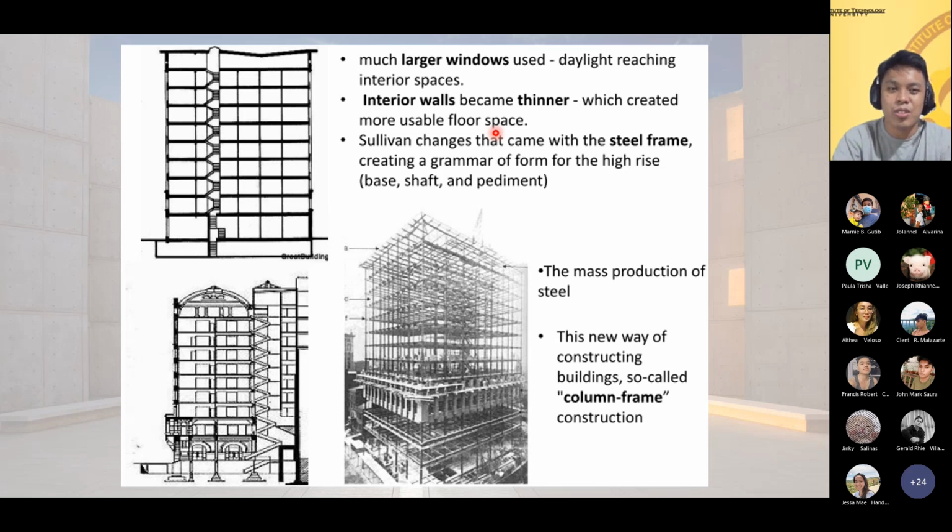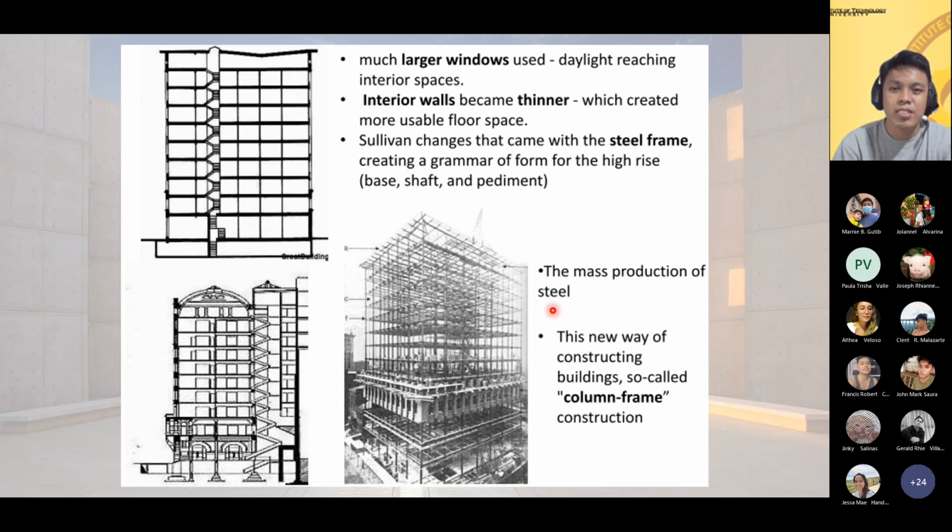And this time around, they use steel. So steel is way stronger. Stronger compared to stones. And then mass production of steel. So it's easier. In terms of construction, it's easier. Before, they could construct one floor.